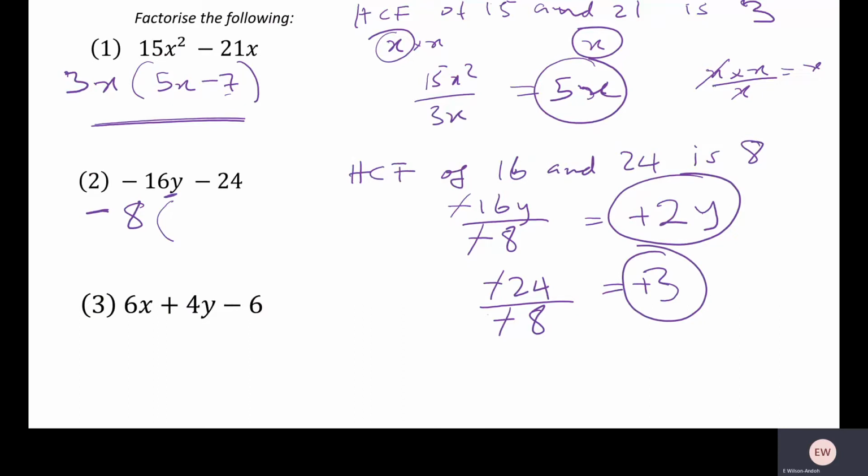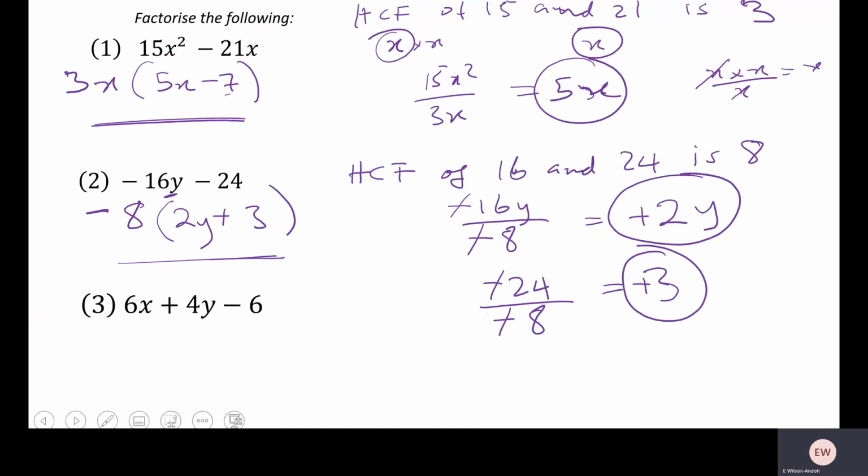Now, because we are writing the 2y as our first term in the bracket, there is no point bringing the plus sign in front there, because if there is no sign in front of a number, it tells us that the number is a positive. Then we bring our second term, which is the plus 3. And if you expand this bracket, you are going to get the question on top.